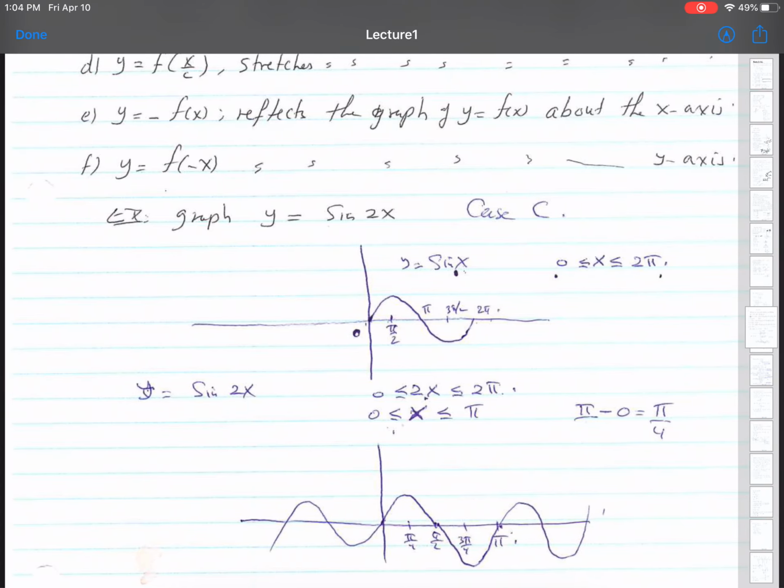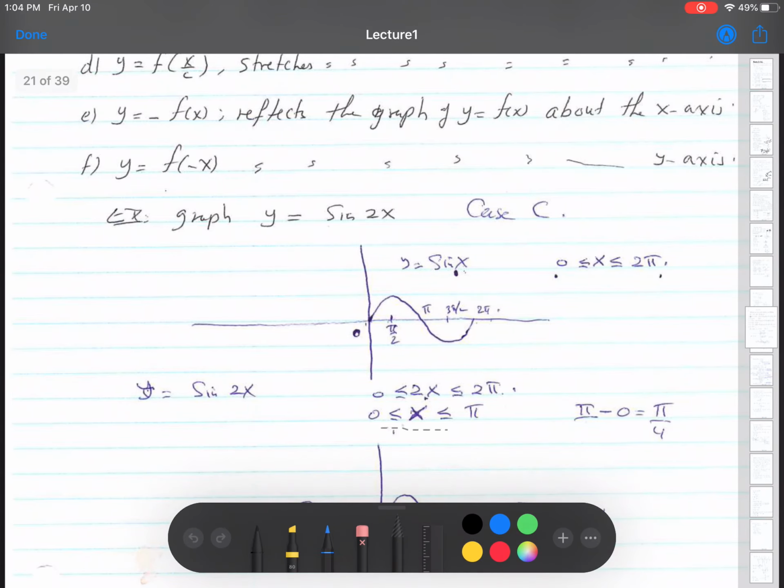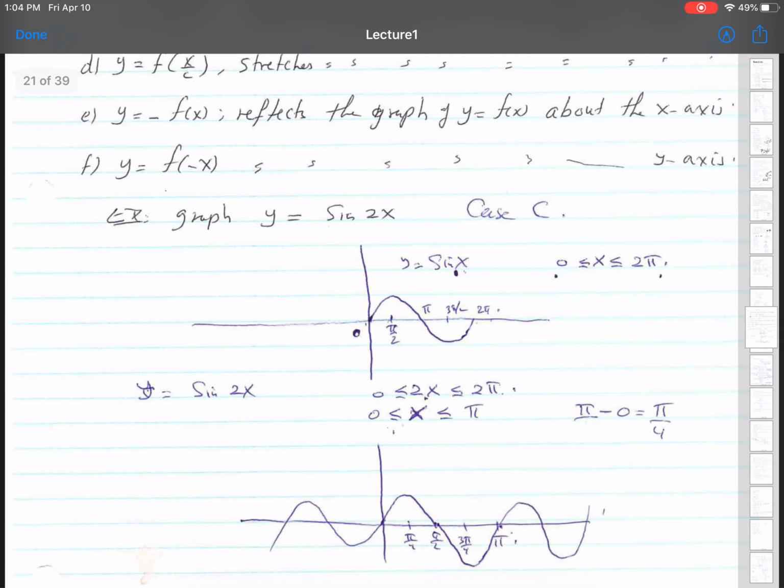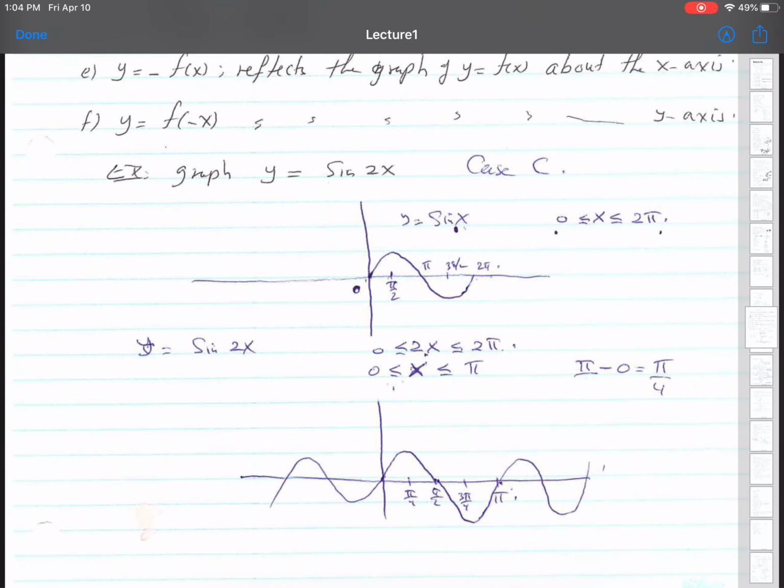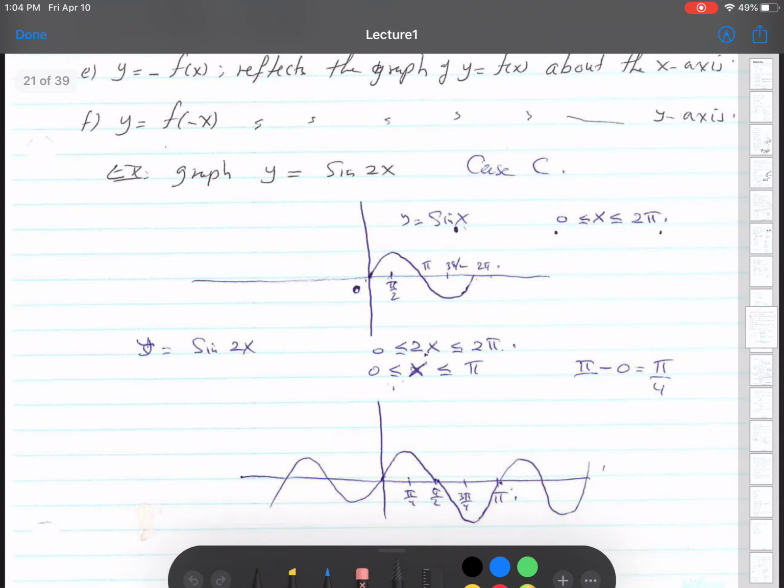So this is going to be the new domain of the sine graph, sine 2x. The domain has changed, the period has been halved because we have a factor of 2. So we're shrinking the sine graph horizontally by 2.